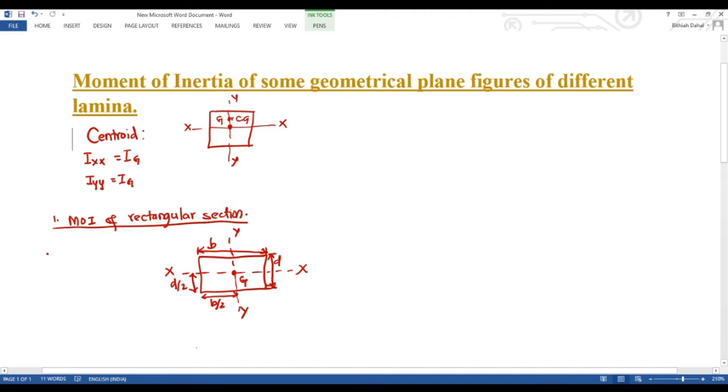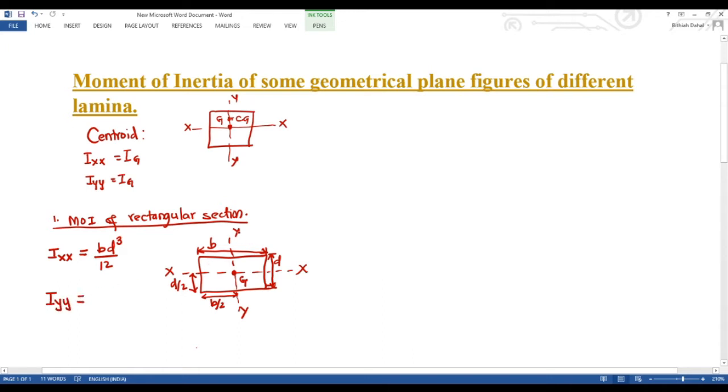Now what will be my moment of inertia about the x-axis for this rectangular section? It is going to be Ix equals BD cube by 12.